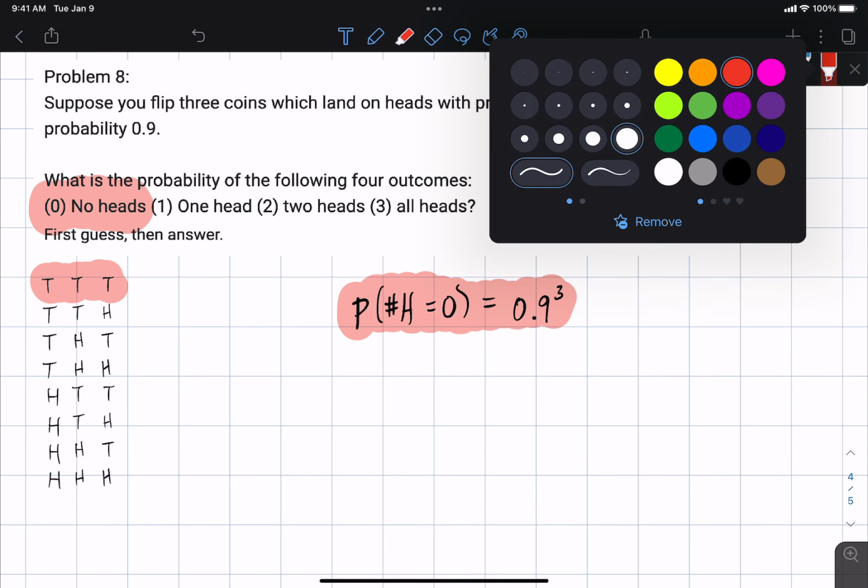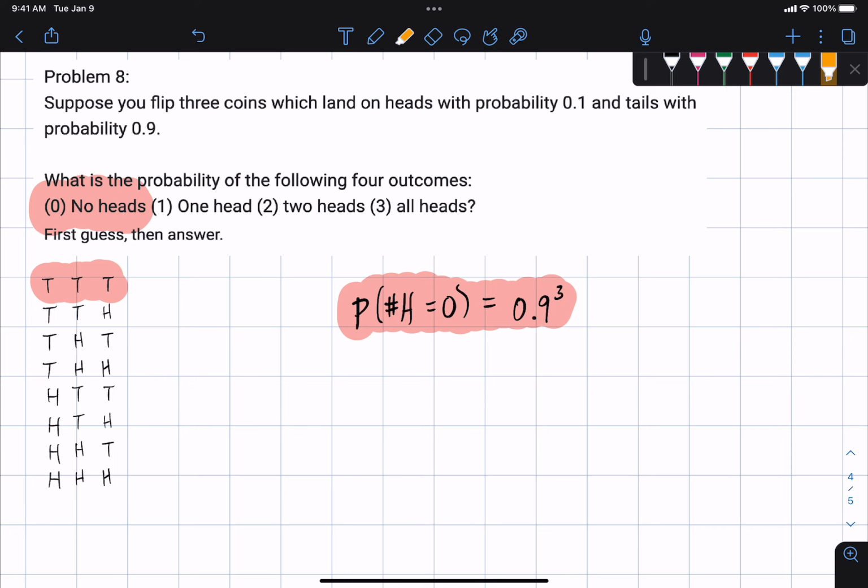Okay. Things get a little bit more interesting when we look at one head, because now there's not just one way we can do it. We could get one head this way, we could get one head this way, or we could get one head this way.